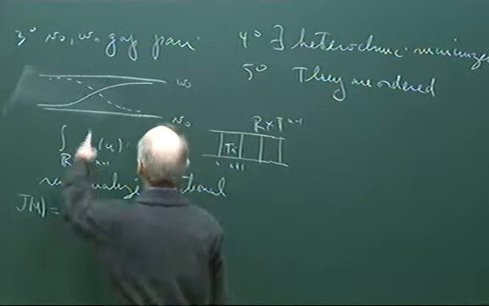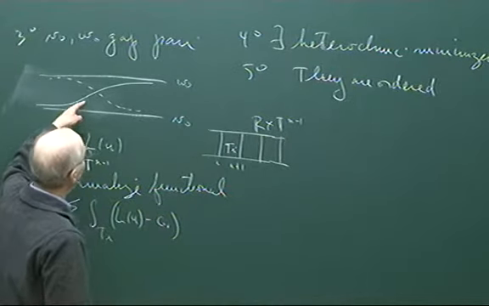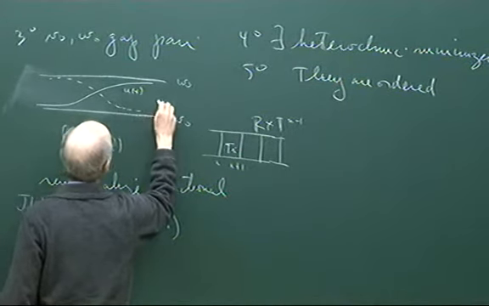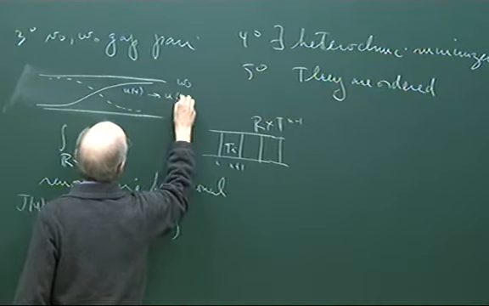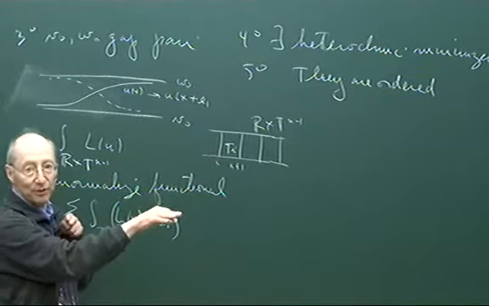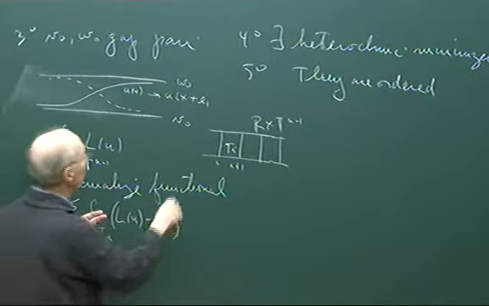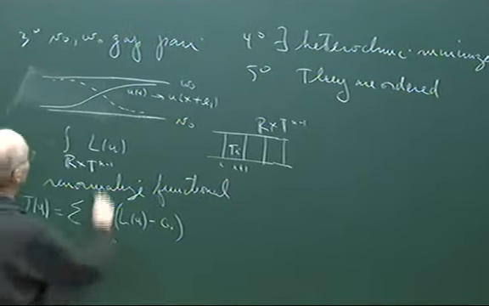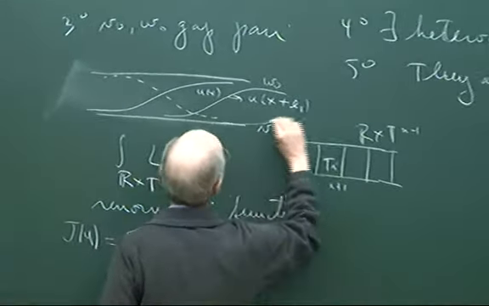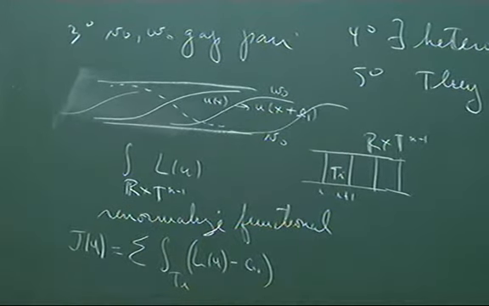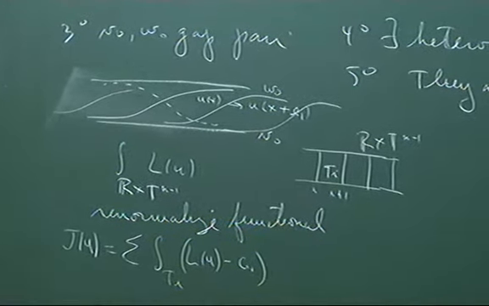In fact, whenever you have one of these, say u of x, then u of x plus e1, the unit vector in the x direction, is also going to be a minimizer of the same type. So there'll be lots of those. This again is the symmetries that I indicated before.